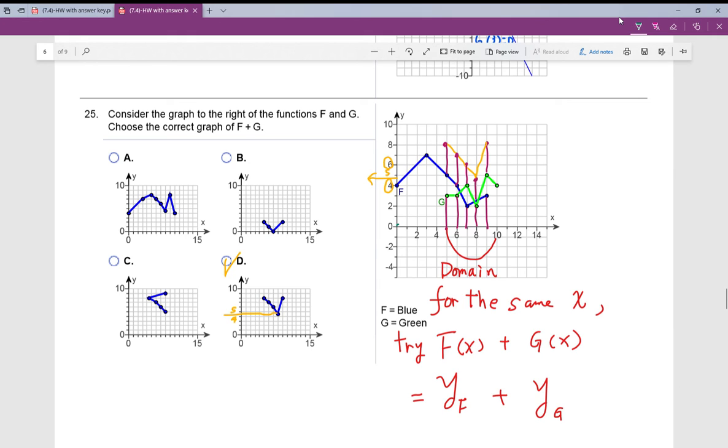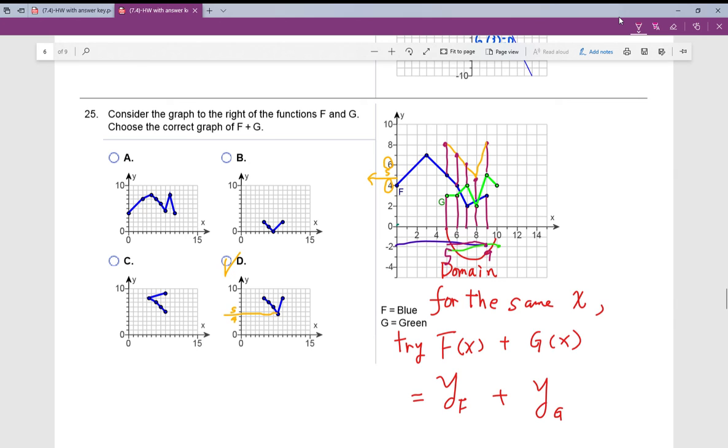And the domain for g is from 5 to 10. So if you want to operate these two functions together, the only choice is the domain from 5 to 9.